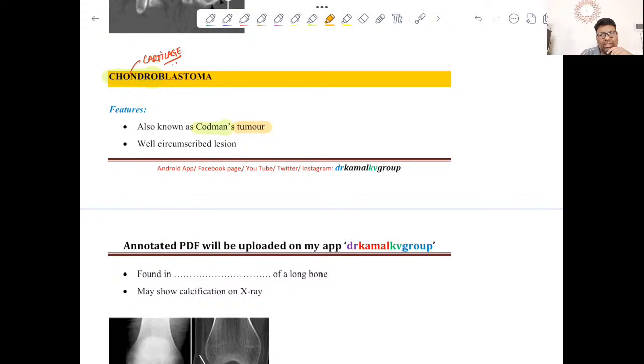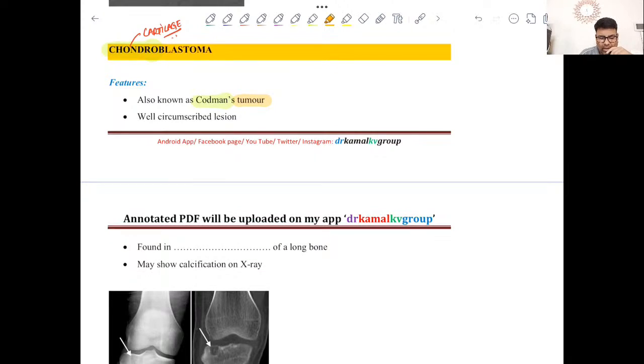Now I have kept this entity willingly just to highlight this particular word, Codman's, because from a student's perspective, many times when they find the word Codman's, they simply jump onto osteosarcoma because they think the condition discussed is Codman's triangle, right?